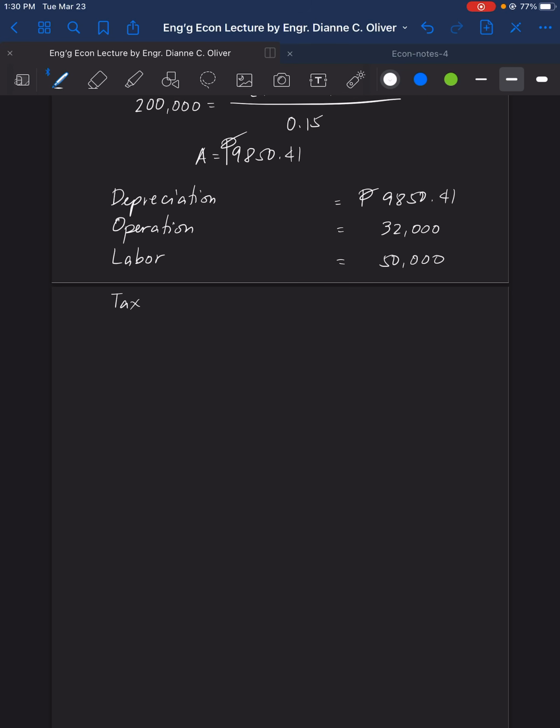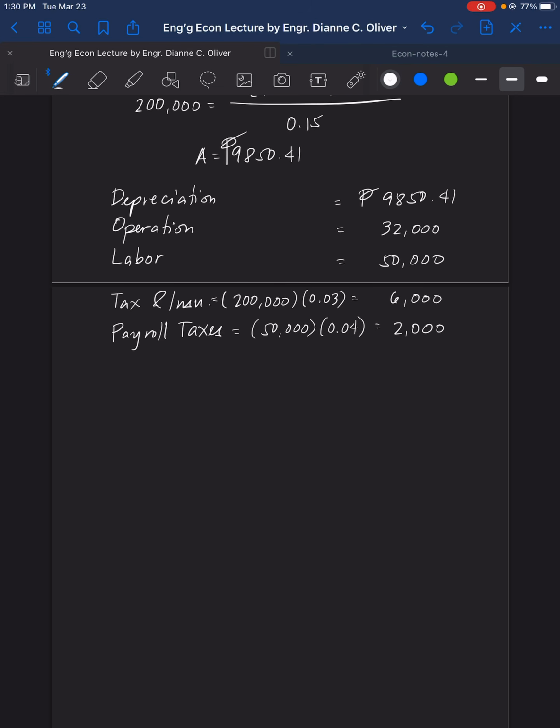Taxes and insurance, that is 200,000 times 0.03, equal to 6,000 pesos. Payroll taxes, that is equal to 50,000 times 0.04, that is 2,000 pesos.